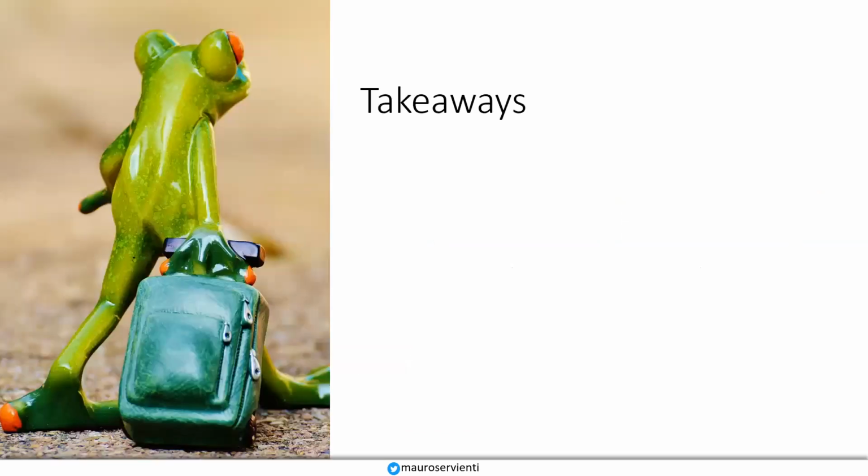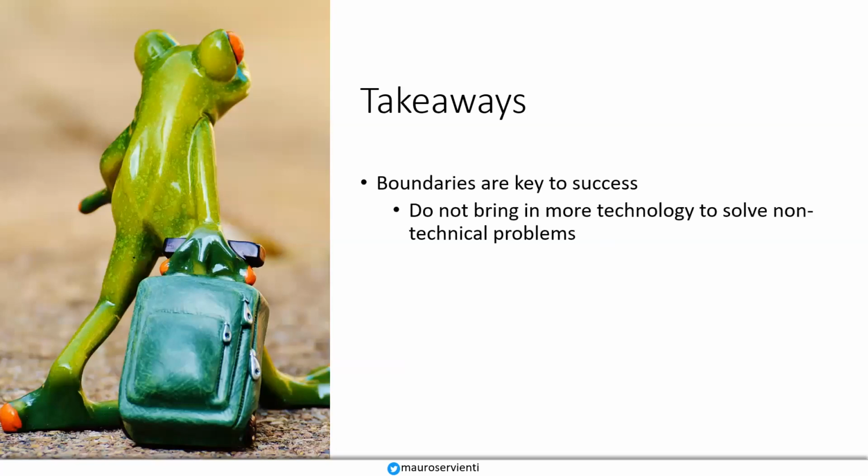So to summarize what we talked about today, boundaries are the key to success. One of my rules of thumb is whenever I feel the need of bringing in more technology to solve something that doesn't sound like a technical problem, it's the time to go back to the drawing board, because maybe we got boundaries wrong.